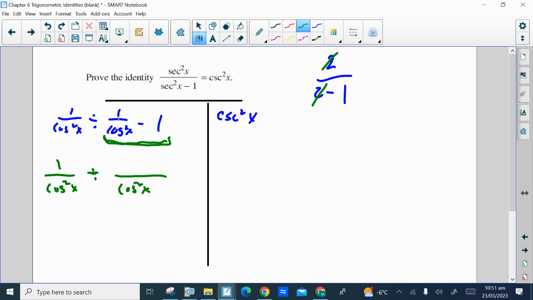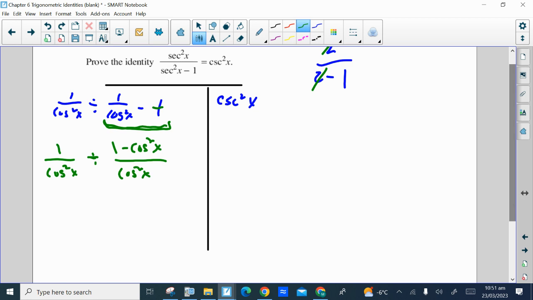So this one here isn't going to change because it has the right denominator of cos squared x. But here I'm multiplying top and bottom because I'm writing 1 as 1 over 1. And I'm multiplying top and bottom by cos squared x. So that'll become cos squared x over cos squared x. And that allows me to combine the two together to get 1 minus cos squared x all over cos squared x.